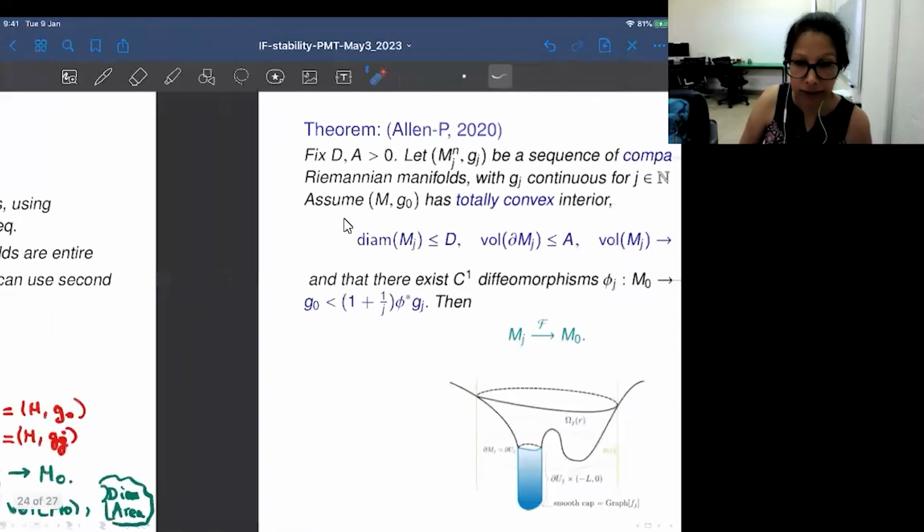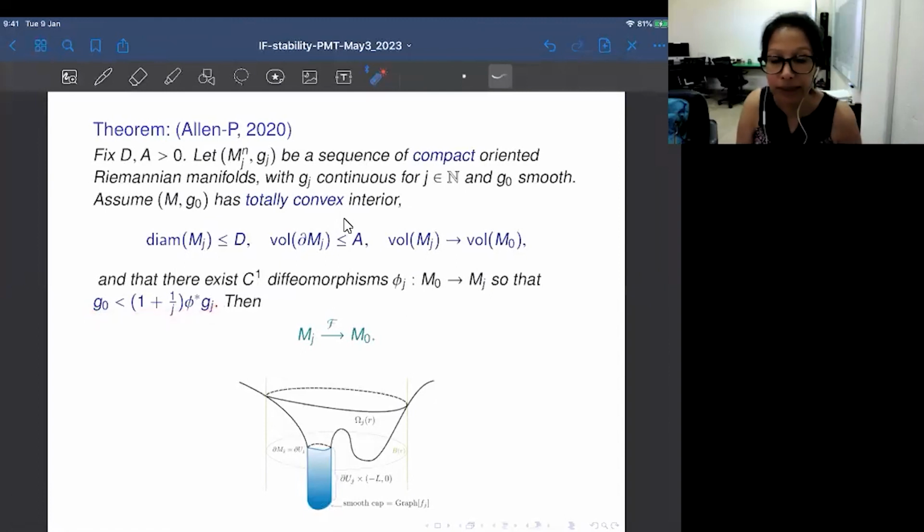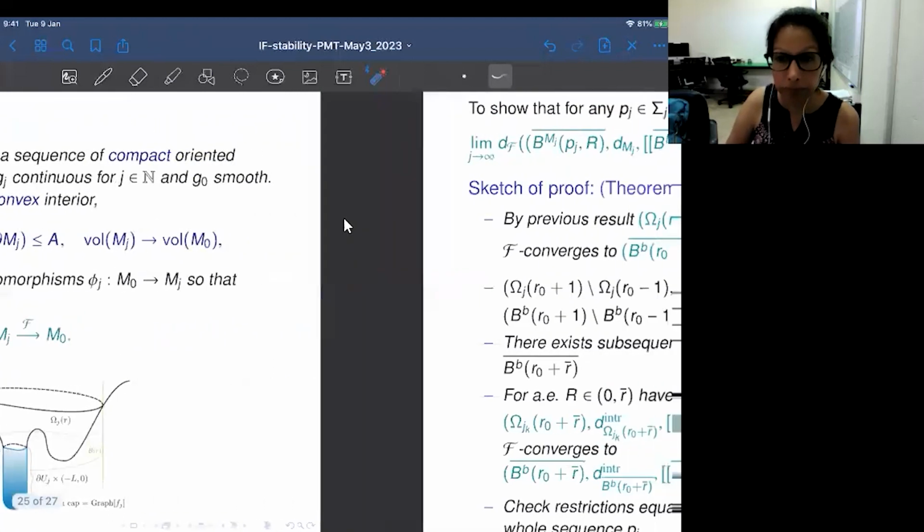I can weaken this condition in the following way. One can put an extra room for this inequality, and the theorem still is going to hold. Okay. So that's how one proves the first theorem.